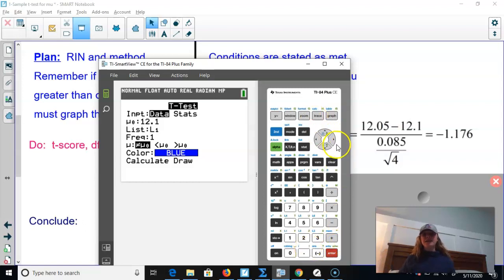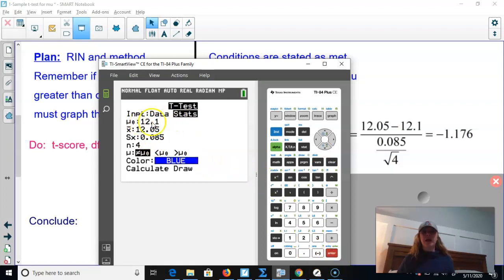But I have statistics. They have given me an x bar, and they've given me an Sx. I hit enter. This right here is my mu, okay? This is my null hypothesis, my 12.1. Here I have x bar, what I observed, what describes that sample of 4. And then my standard deviation, what describes that sample of 4.